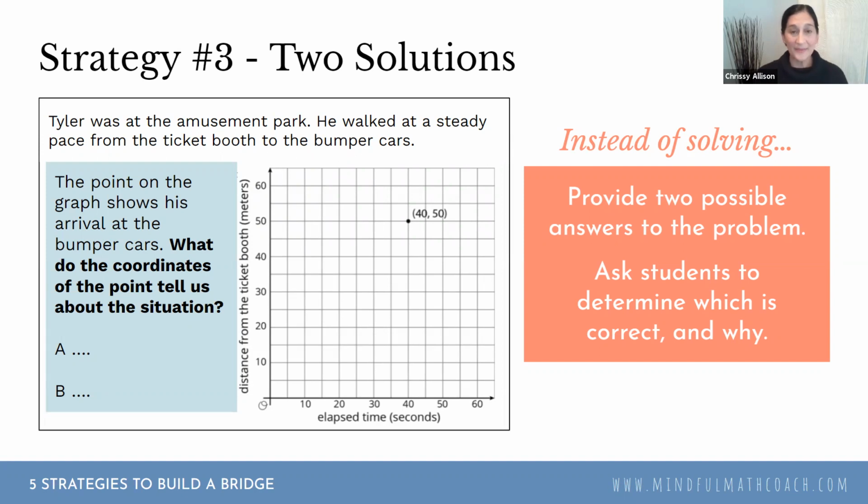And let them have a conversation where they would articulate how they know that the answer is A. Now, it might seem obvious to you, and they may even know right away that it's A, but what you're doing is you're helping to give them the language and you're sort of modeling how you would describe what this point represents. And that's going to help them when they answer other questions about what other points mean.